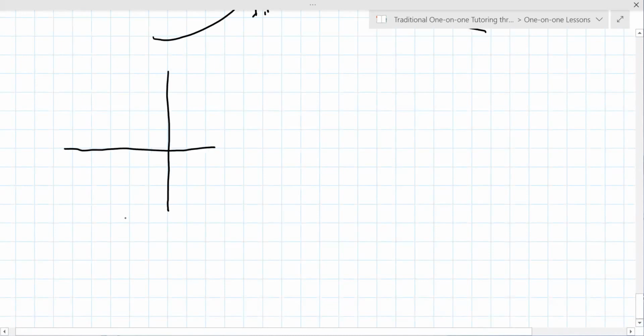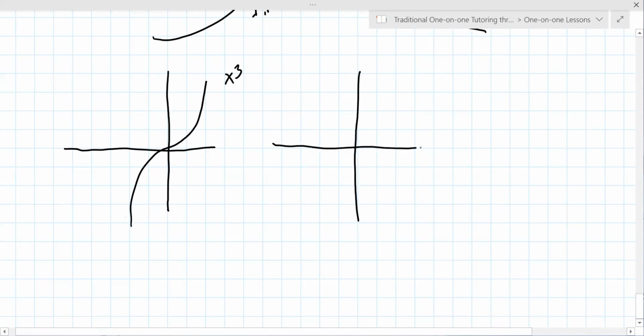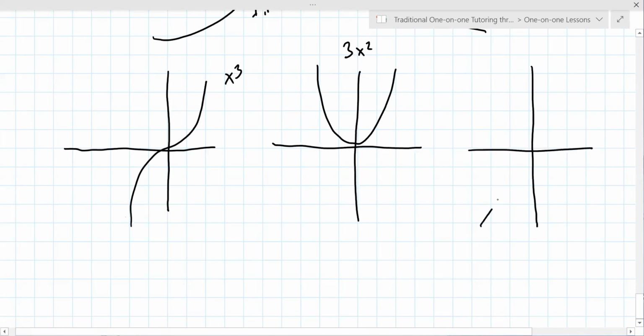Let me see if I can explain this. This is the graph of x cubed, and the derivative is 3x squared. Let's see if I can get all three of these. And the second derivative is 6x.